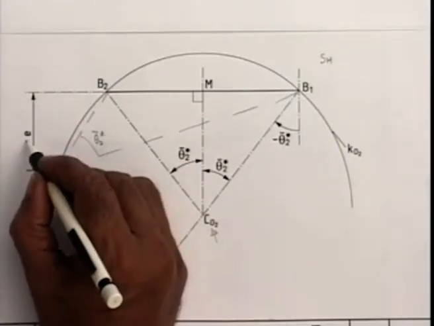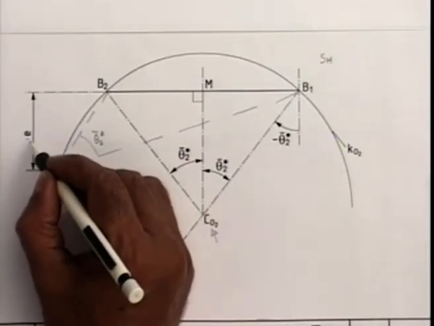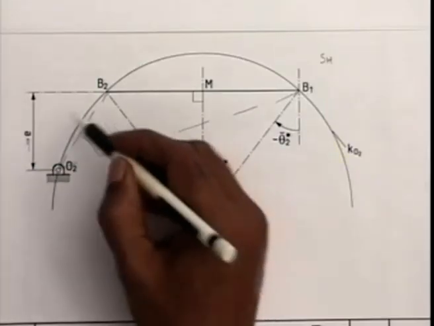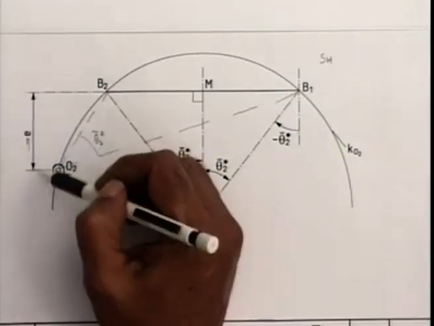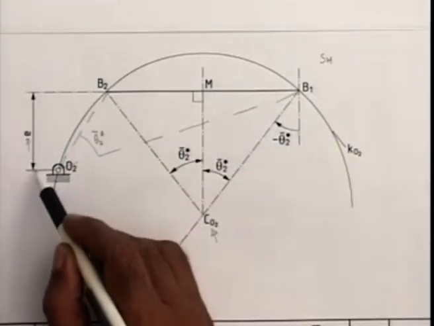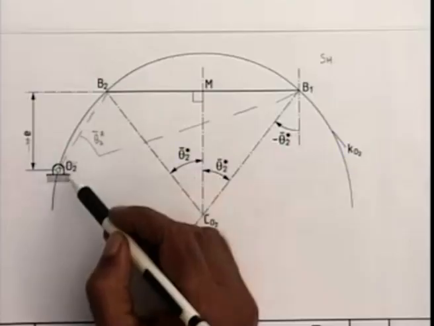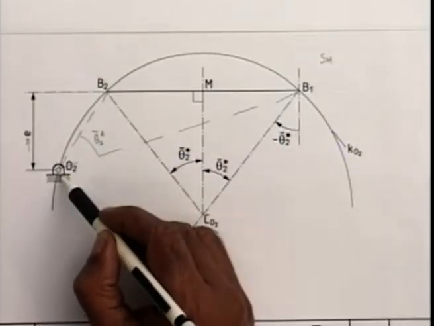Because we have assumed the kinematic dimension, the offset E, I draw a line at a distance E from B1, B2, and wherever this line intersects the circle locates my crankshaft O2.